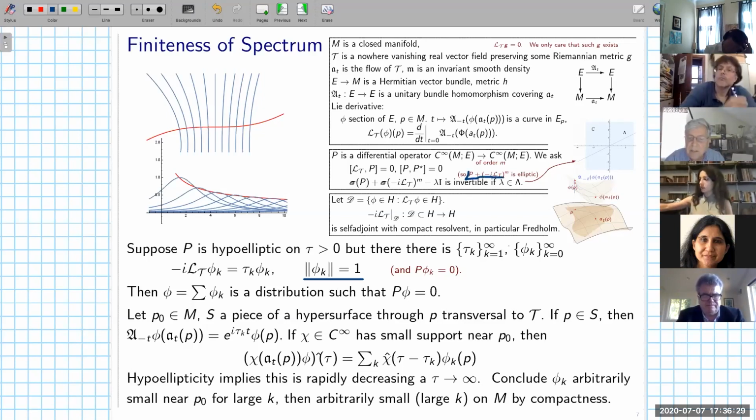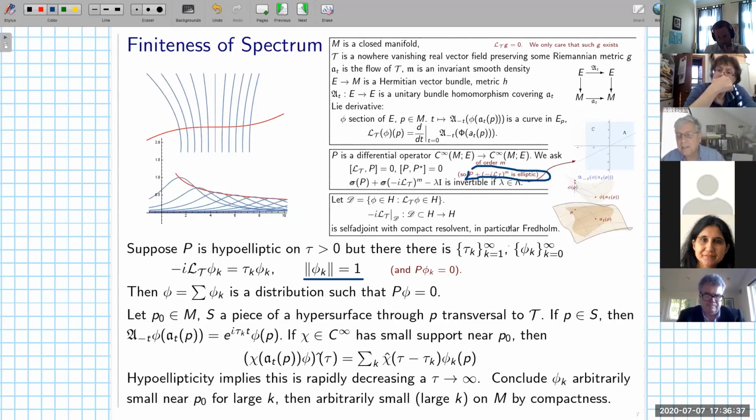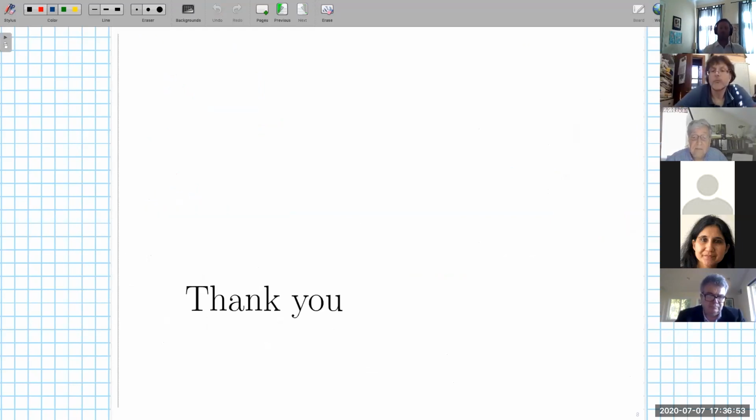You can see that they satisfy Weyl estimates, but these are only some of the eigenvalues. So if you have infinitely many, then they have to go to infinity. They have to increase to infinity. So I think this is it. Thank you.